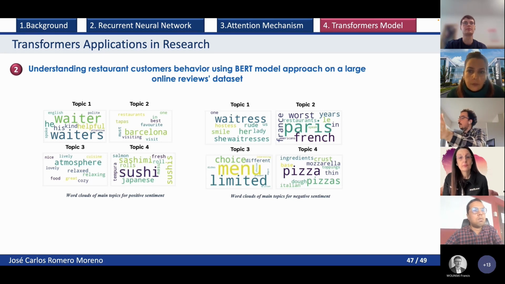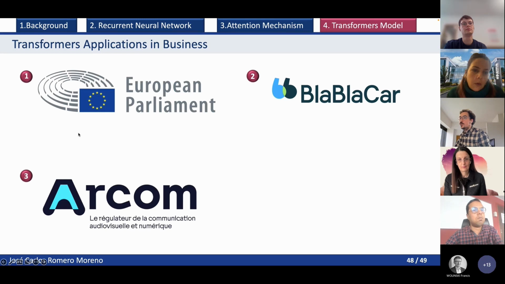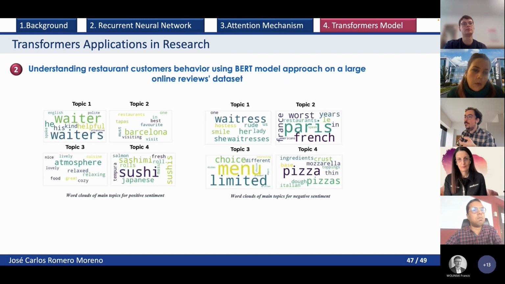An early result that we are getting is that if we analyze the words according to the sentiment of the reviews, we see a huge gender bias in the meaning of the words. Unfortunately, most of the positive reviews are written about male waiters: helpful, he, his, etc. And when we analyze negative reviews, people that are complaining, most of the time they are talking about waitress, lady, and this kind of thing.